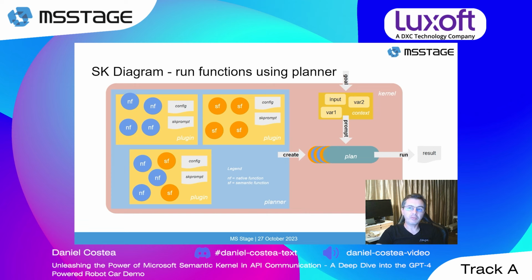A semantic function is a prompt, in fact, text. A native function is traditional code. And last but not least, the kernel is the orchestrator, which loads the plugins, builds the pipeline for a specific plan, and runs the plan.